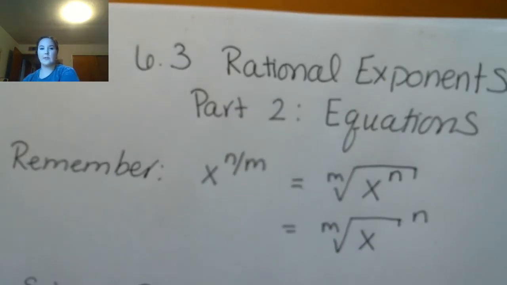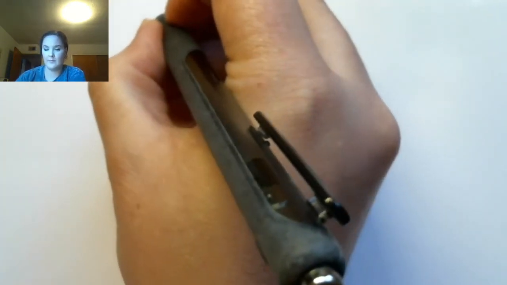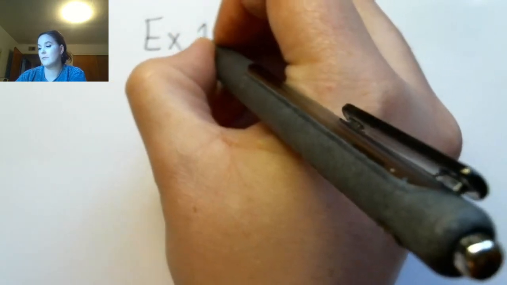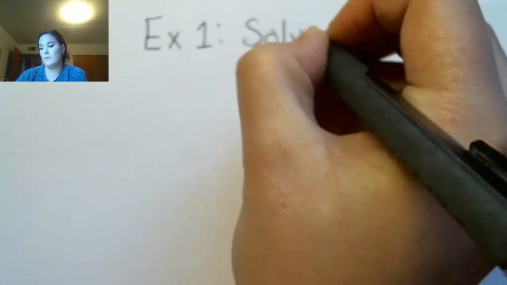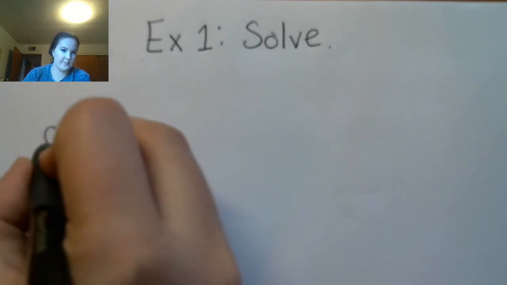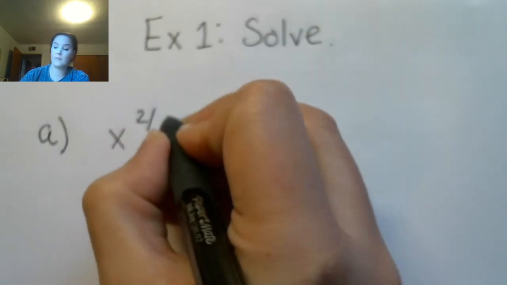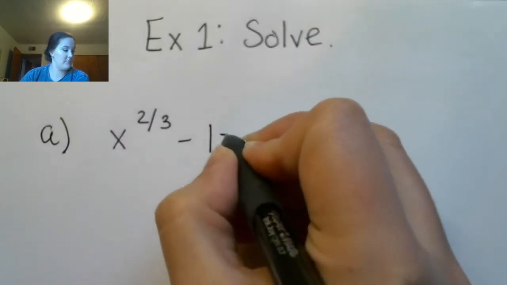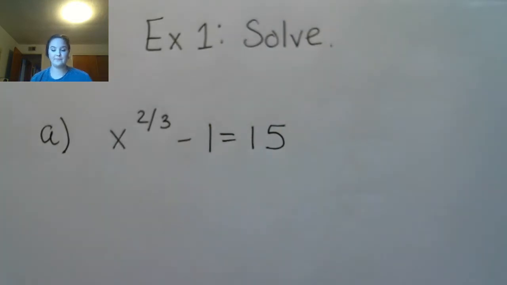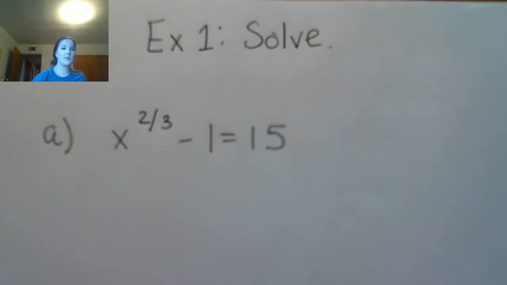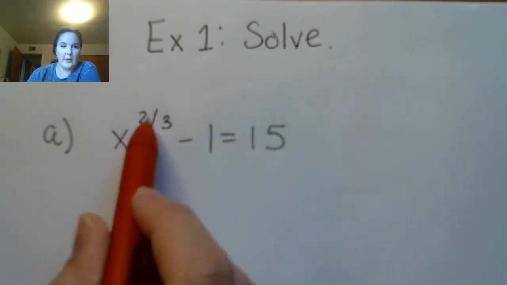Okay, so let's look at an example. The first thing we're going to do is isolate the part with the variable to the exponent.